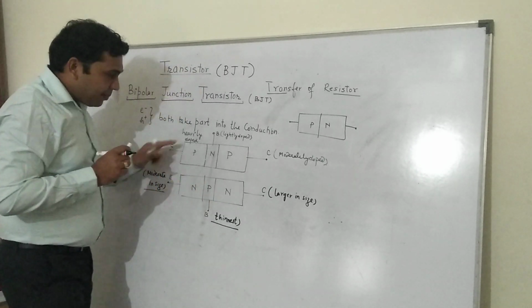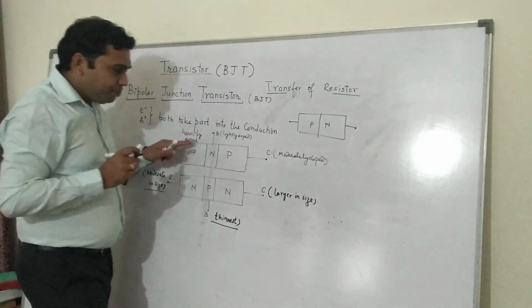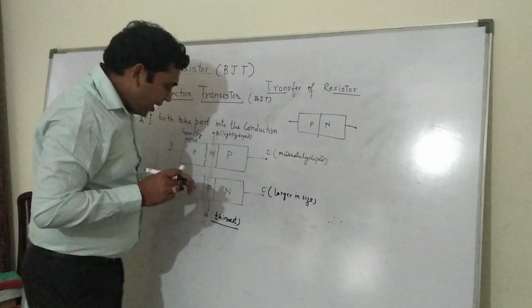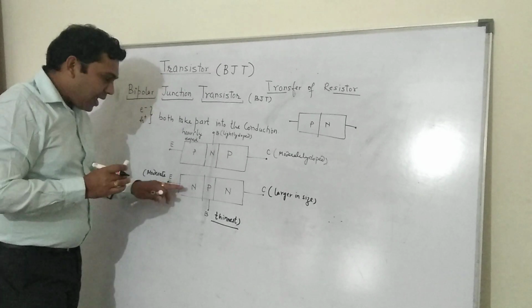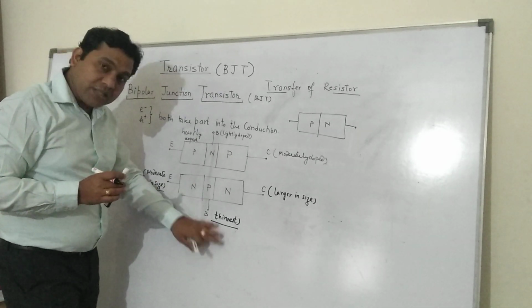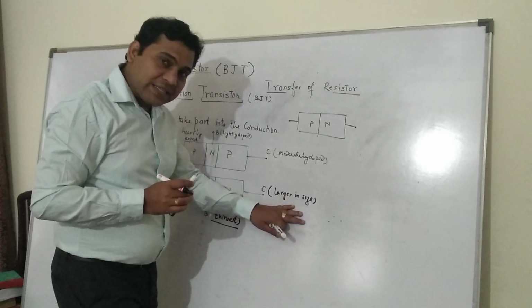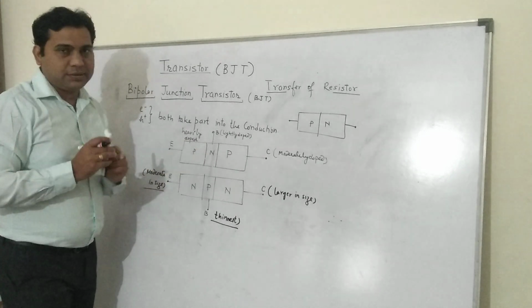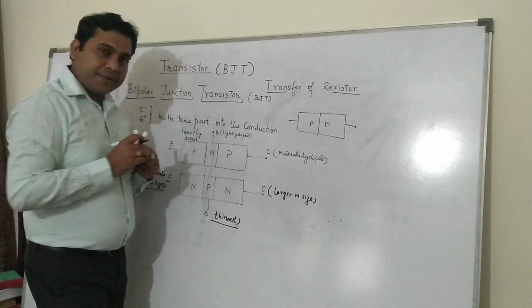It has three terminals, emitter, base and collector. Emitter is heavily doped, base is lightly doped, collector is moderately doped. Base is the thinnest, collector is always larger in size, whereas emitter is moderate in size, somewhere in between the base and the collector.